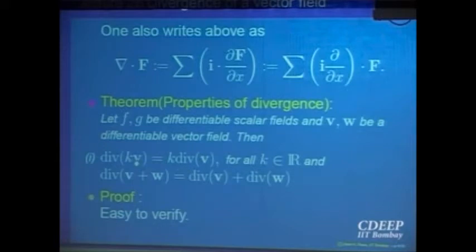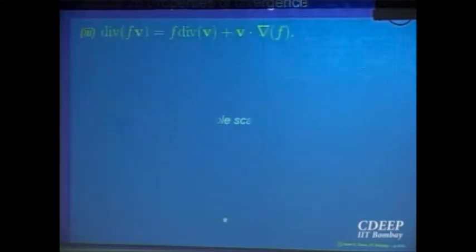Partial derivative with respect to x, partial derivative with respect to y, partial derivative with respect to z. Similarly, differentiation being a linear operation, this property also holds. So these two properties are easy to verify. Let us look at the next property, which says if you multiply a vector field v by a scalar field f, then what happens?